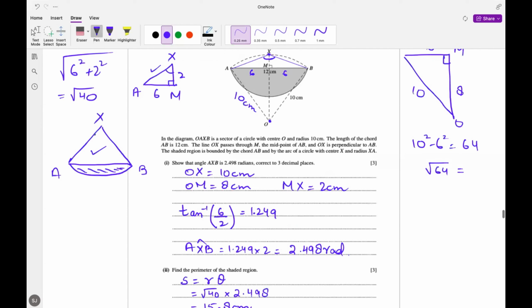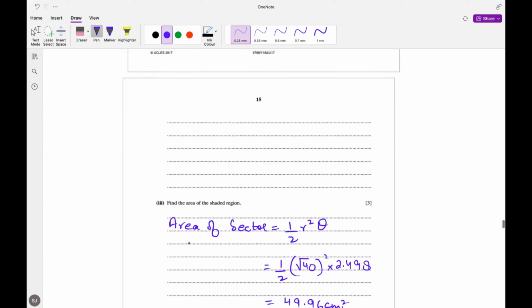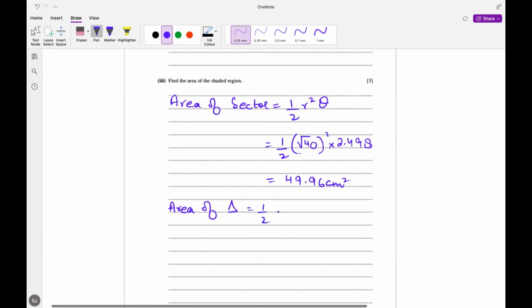And for the area of the triangle, if you look at the triangle, we know that this angle is 2.498. This length is square root of 40 and this length is also square root of 40. So we can apply half ab sine C. So this will be half times both of the lengths, square root of 40, times sine of 2.498.